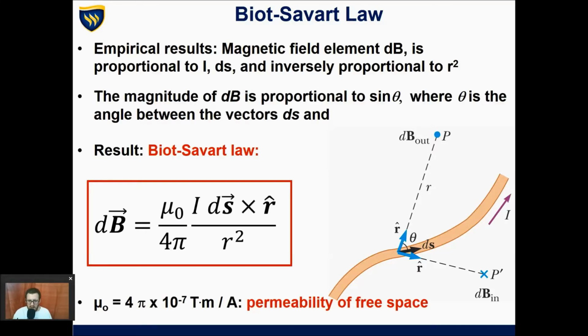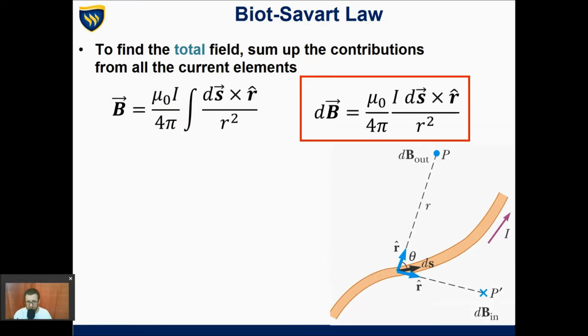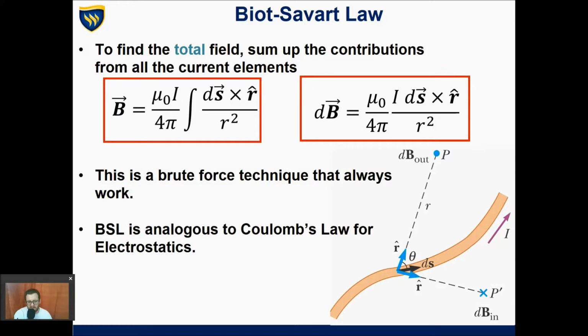Okay. And r squared is just the distance from the observation point to the piece of wire ds, squared. So to find the total field, you sum up all the contributions from the current elements. You take the integral. So this is a brute force technique, and what I mean by this is like Coulomb's law, where you can apply it theoretically to any situation.